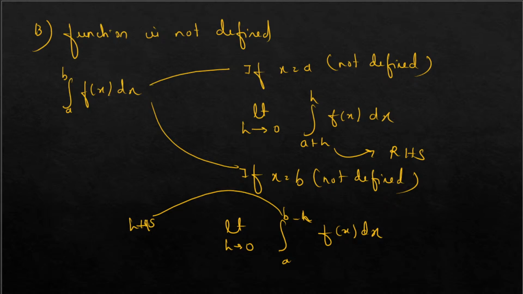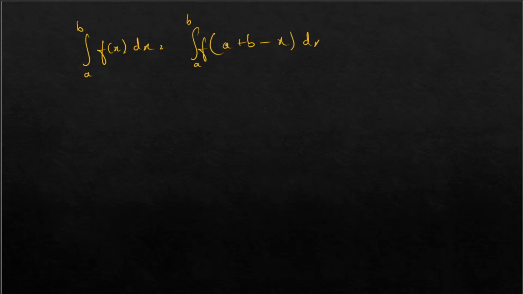Now let's see some properties. So basic integral a to b f of x dx, which is a to b f of a plus b minus x dx, minus a to a f of x dx equals 2 times 0 to a f of x dx.